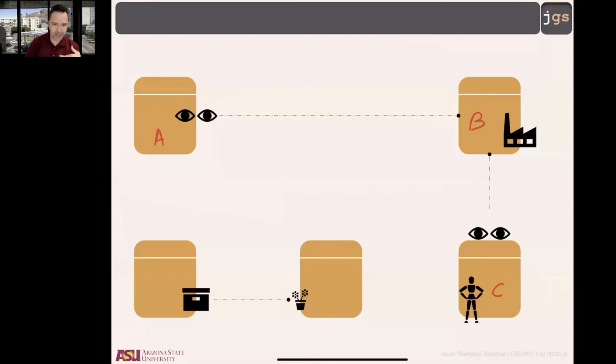Moreover, C is a builder. So C does something with this information. Probably the only thing that A is doing is observing. So maybe A is a graphical user interface showing you things, because nothing else is happening there. But this one is observing the factory, and maybe another pattern is being applied. I am using icons. And here some kind of work is being done with that information.